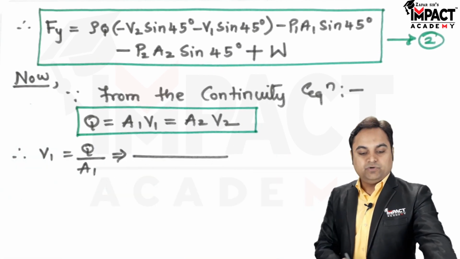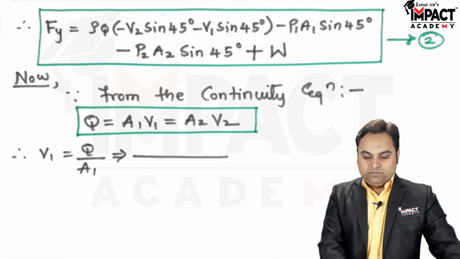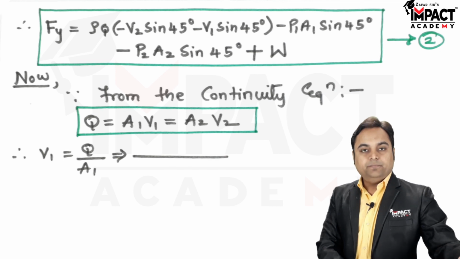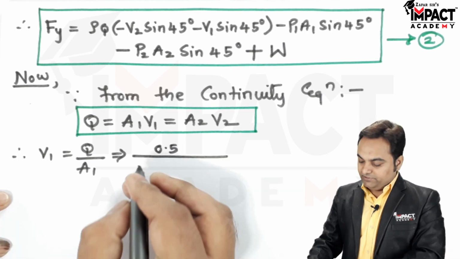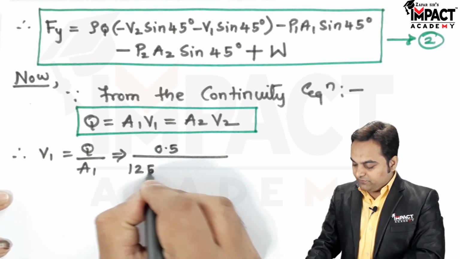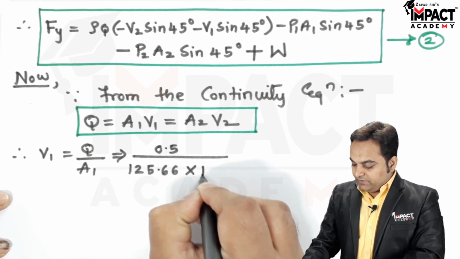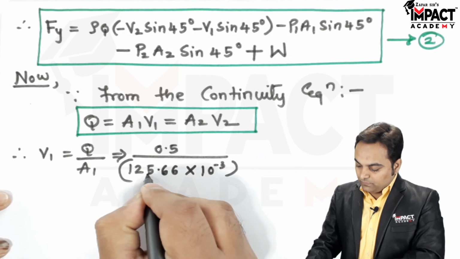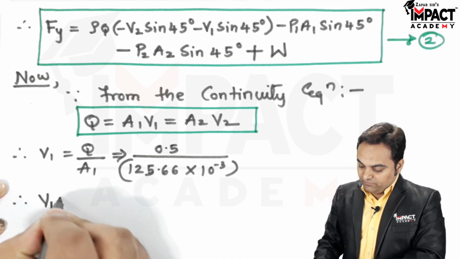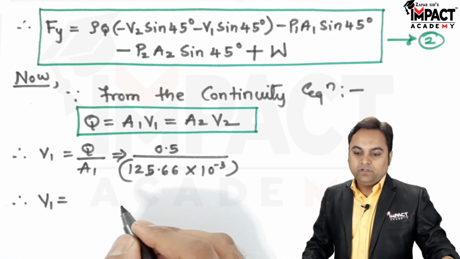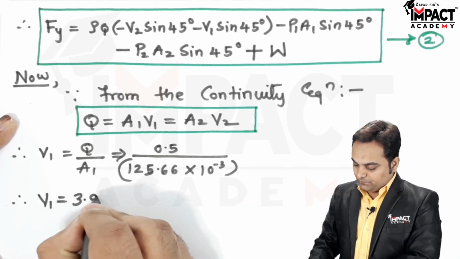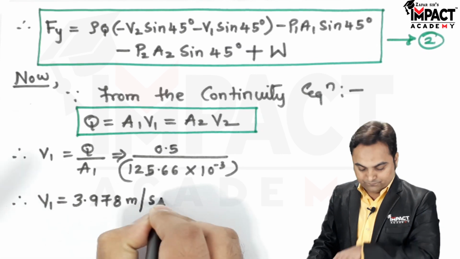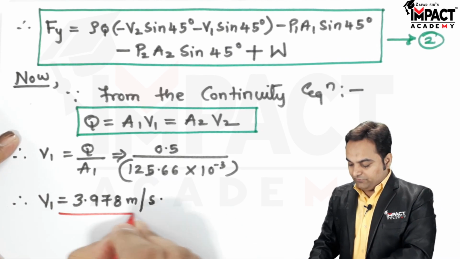Discharge is given in the question, it is 0.5 meter cube per second. Area 1 we had calculated, it was 125.66 into 10 raised to minus 3. So from this V1 value comes out to be 3.978 meter per second. So that's the velocity V1.